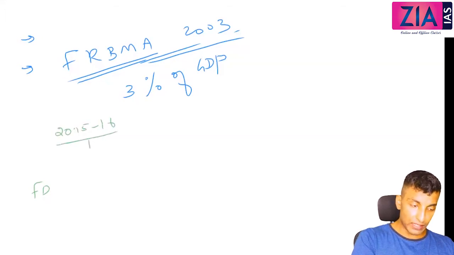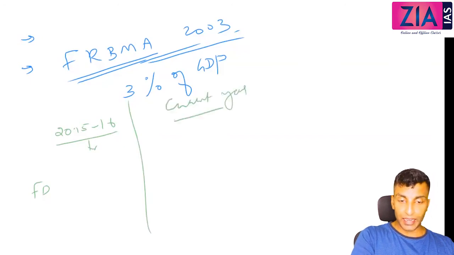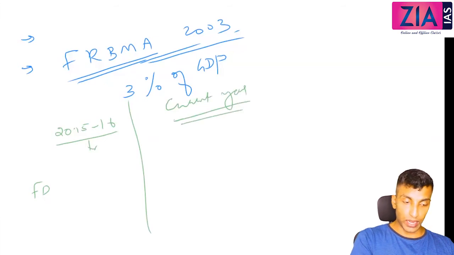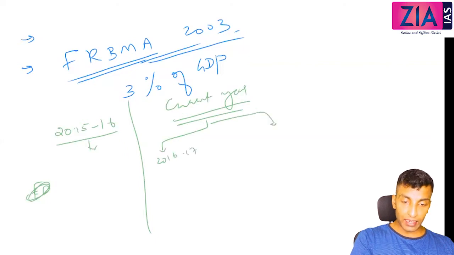So here you will get the actual data of last year, one column. Then you will go for the current year. Let's say here 2015-16 is taken, so imagine current year is 2016-17.